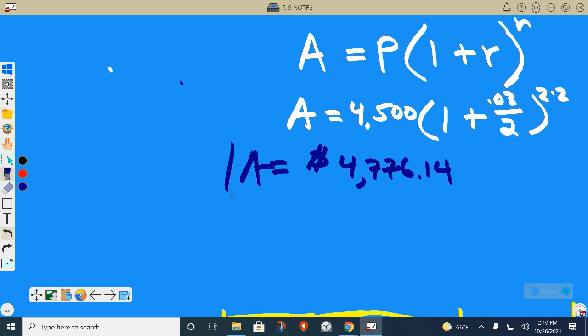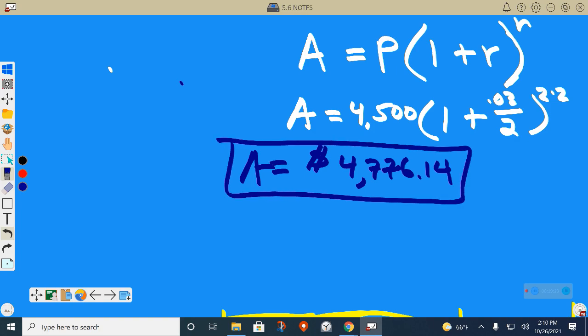There's Louisa's future value of her account. So her money sitting there is going to make about $226 in 2 years, just sitting there at 3% interest. Awesome, awesome.